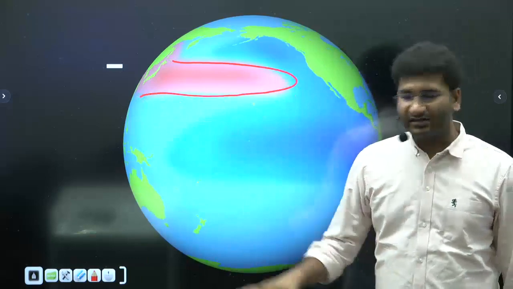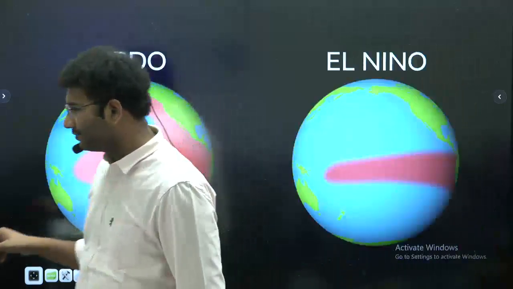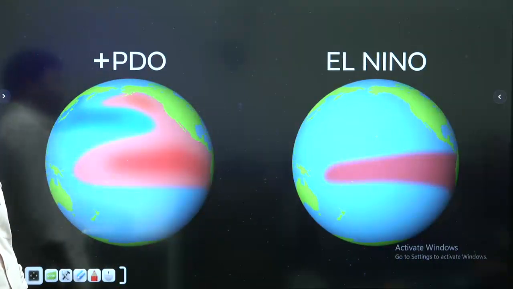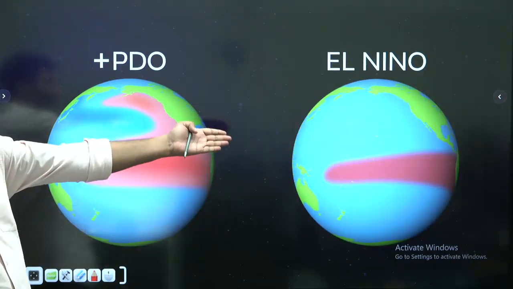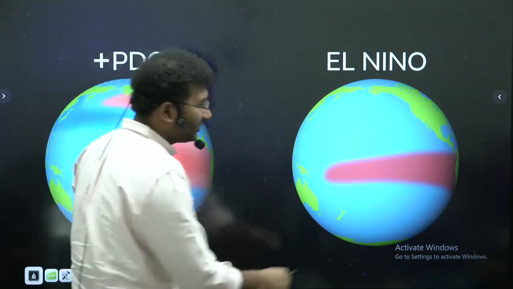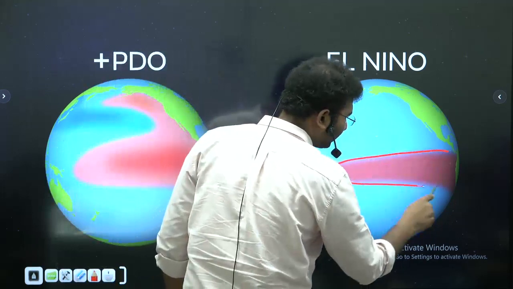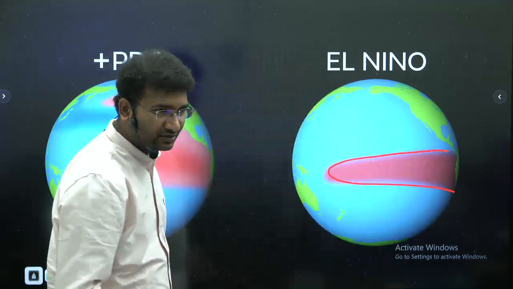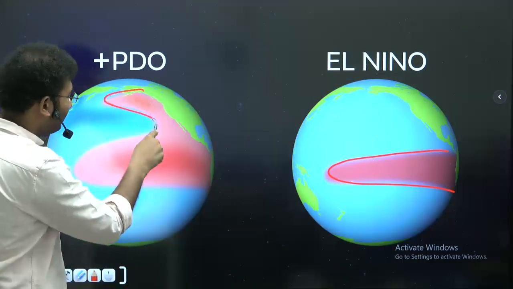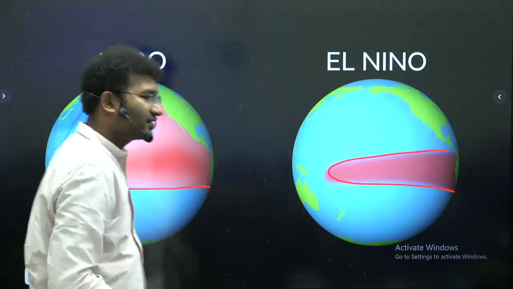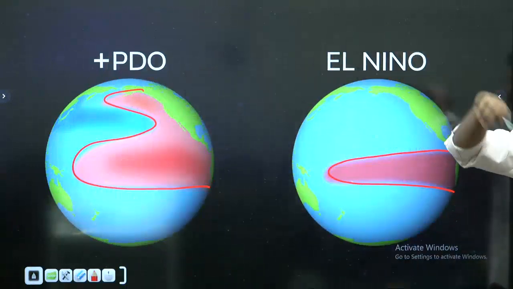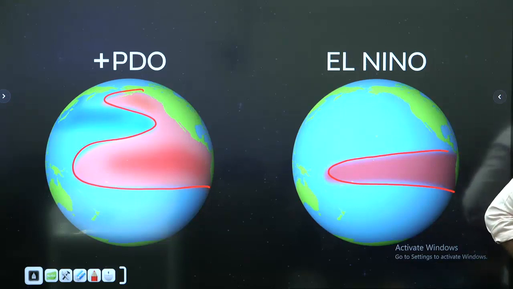Wedge. Or else, can I call this a horseshoe shape? It looks like a horseshoe, right? Is this not El Nino? This is what El Nino is, right? Warm water in the equatorial Pacific Ocean and the southern part of the Pacific Ocean. If similar kinds of situations are seen across the northern Pacific Ocean and the central and subtropical Pacific Ocean, that is called positive decadal oscillation of the Pacific.